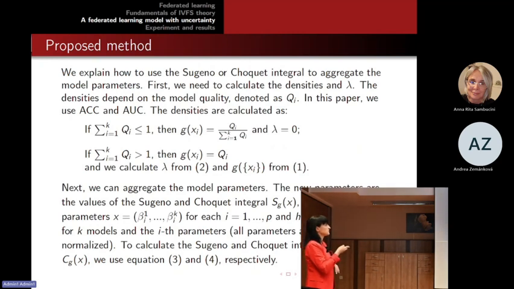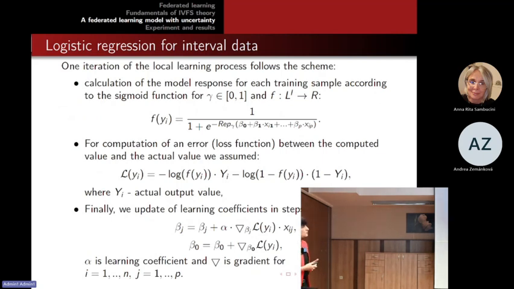Here we only observed accuracy and AUC, but we check more, of course, and these parameters will be included in the calculation of Sugeno and Choquet. And as the learning algorithm we use logistic regression, because we think that it is optimal for medical data where we have two values for the decision, 0 and 1, and in the process of learning we use gradient and error, which we have presented here.